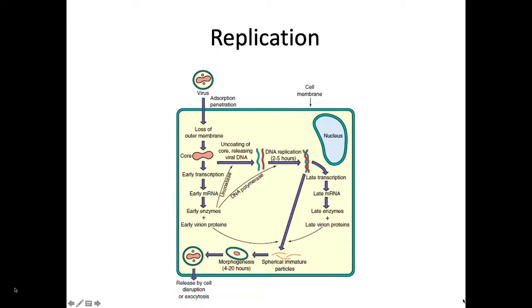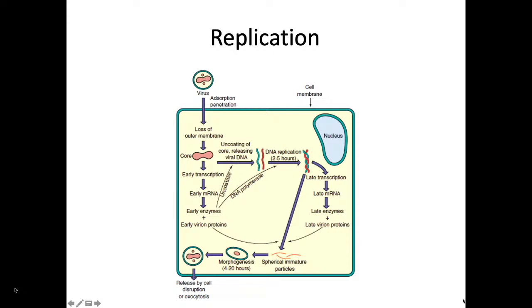So, the first step, we know what it is: attachment to the specific receptors. Then is the fusion of the viral envelope with the plasma membrane, releasing the viral core containing viral DNA, transcription enzymes for transcription, and also capsid proteins.